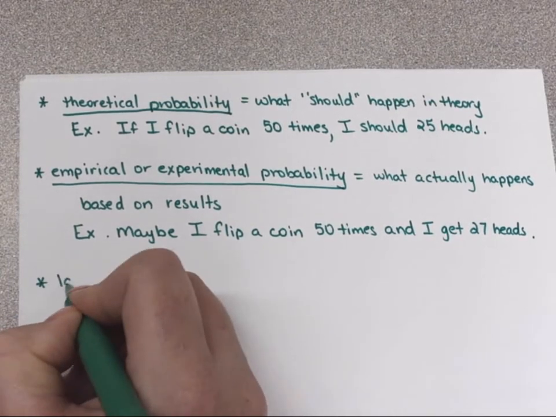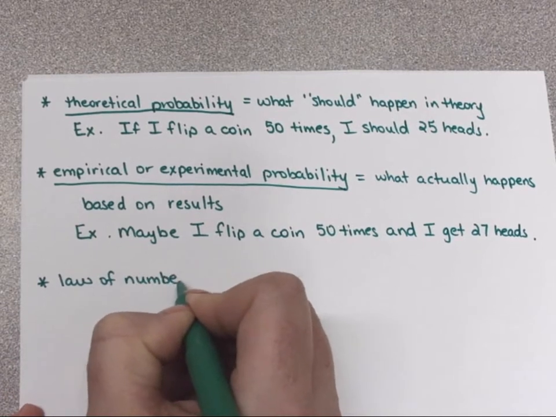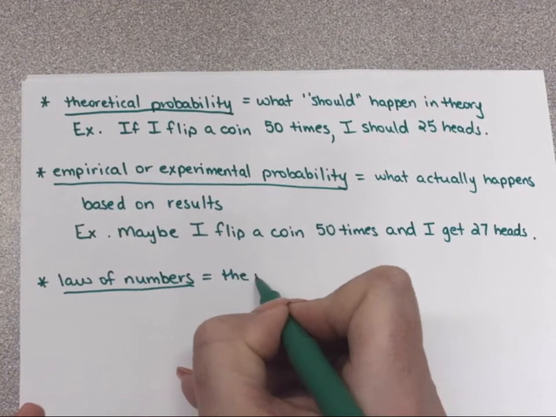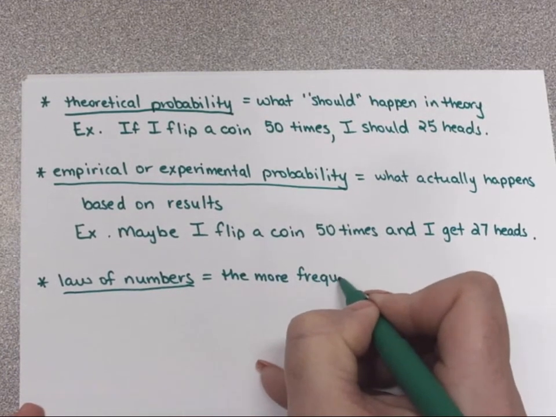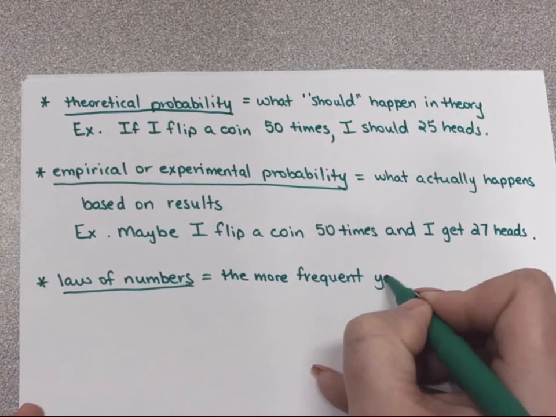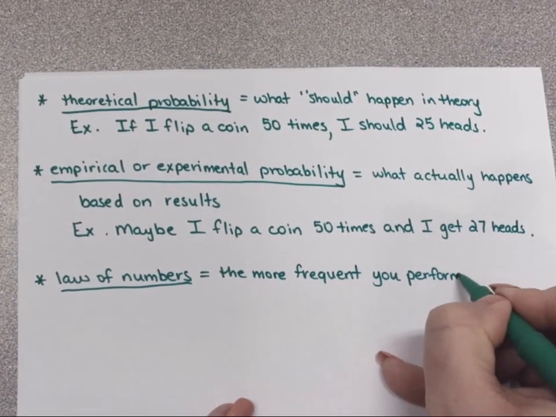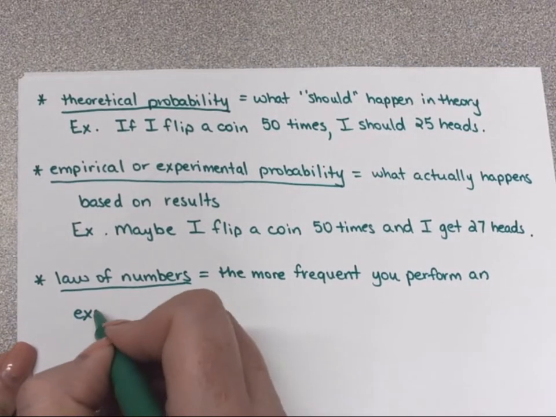But the law of large numbers says that the more often you perform an experiment, the closer your experimental probability should be to what you expected.